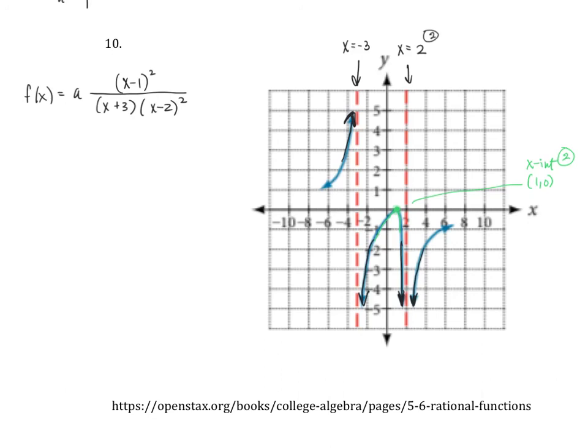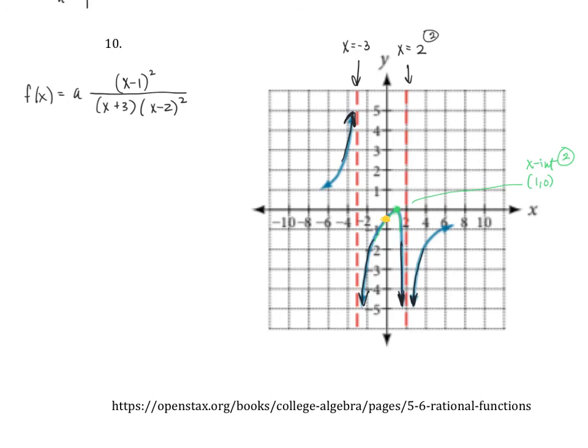Okay, so now that we have that, we're going to find another point in order to solve for a. And so our other point, I'm looking at the y-intercept. It looks like it crosses the y-axis right here. So that looks like negative 1/2. So that will be the y value.